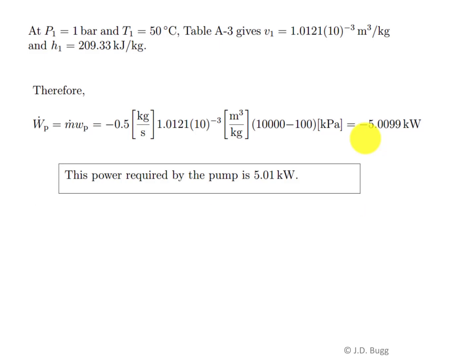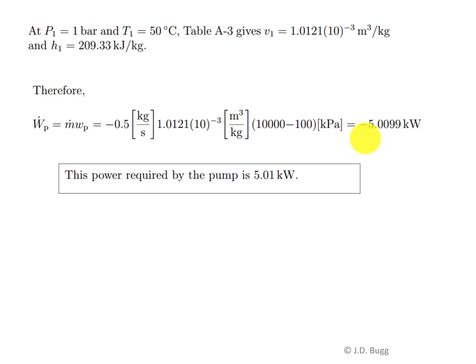Now the last thing that we need to do is calculate the heat transfer going into the steam generator. Now, if we take a look at the properties that we know, we'll realize we don't know the enthalpy going into the steam generator. And we're going to need that to calculate the heat transfer going into the steam generator. So before we leave the pump, we're going to use the first law applied to the pump to get the enthalpy at the exit of the pump.